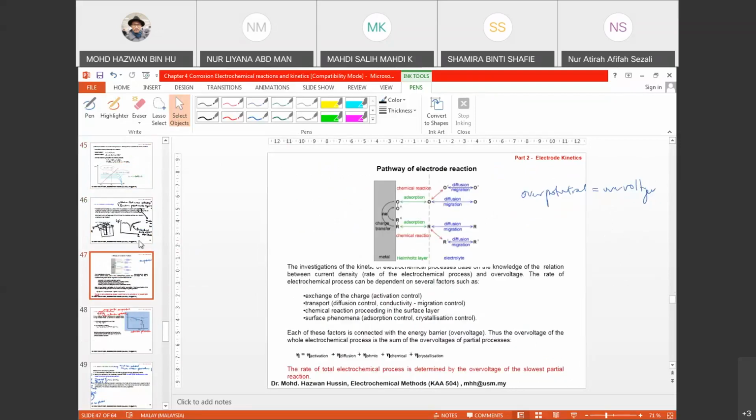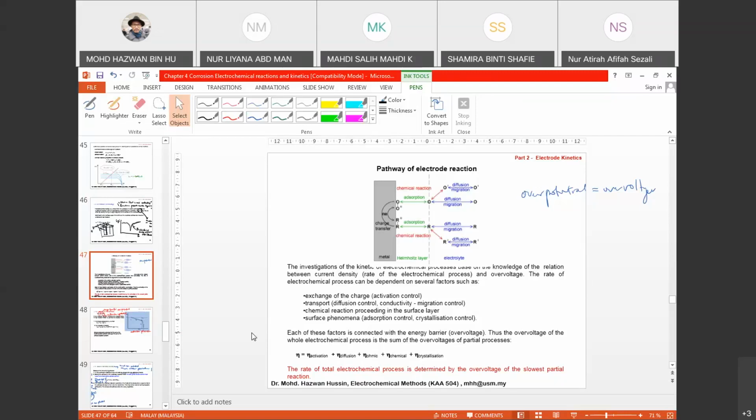So basically, for this one, it's telling you guys that when we talk about overpotential, this always considers other effects.